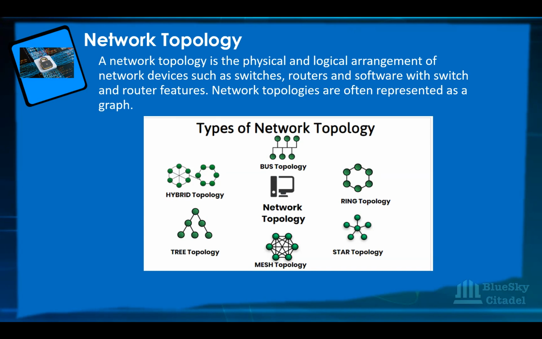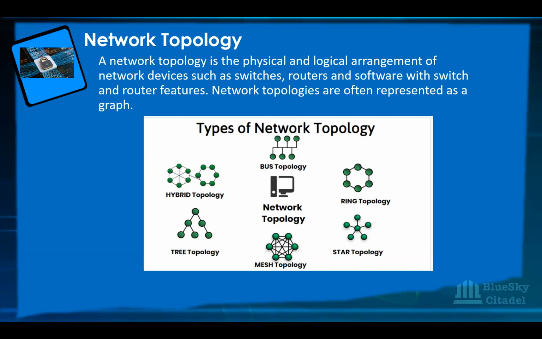So there's an arrangement and it's a standard. The logical arrangement of network devices is called the network topology. It's like a map, a blueprint, the way roads connect various locations in a city. Network cables or wireless signals connect devices in the network, and the layout is a topology.